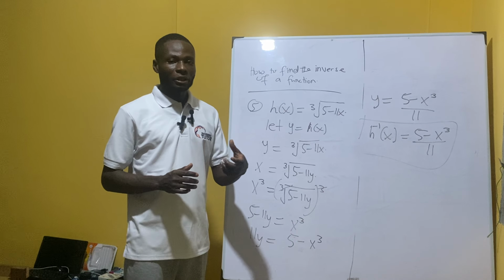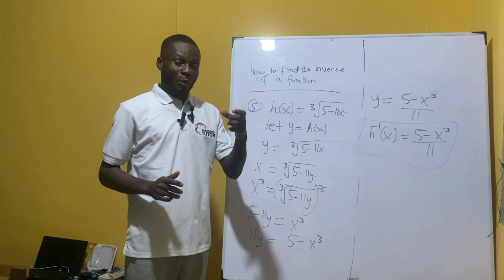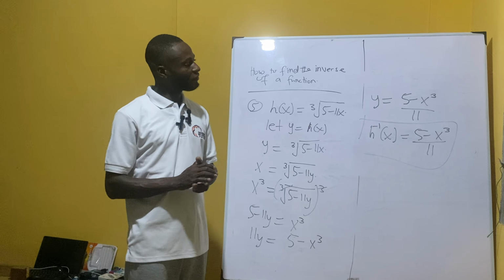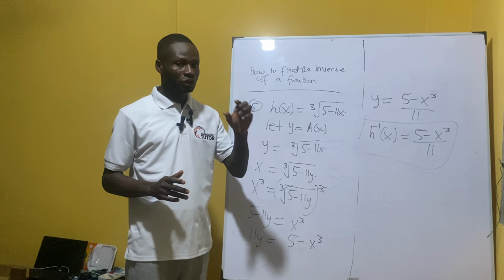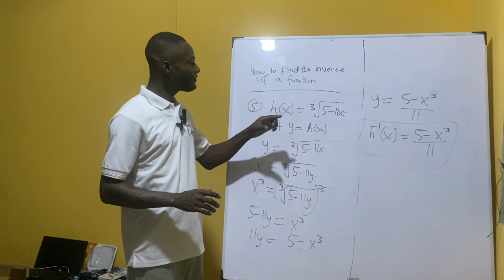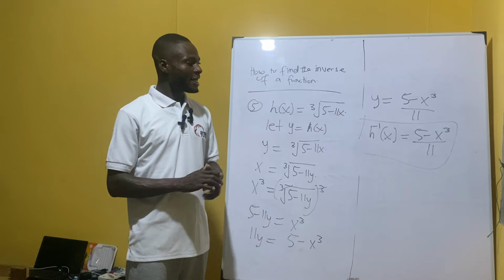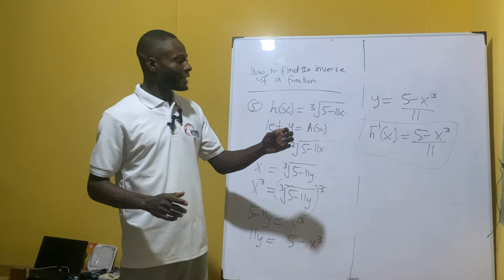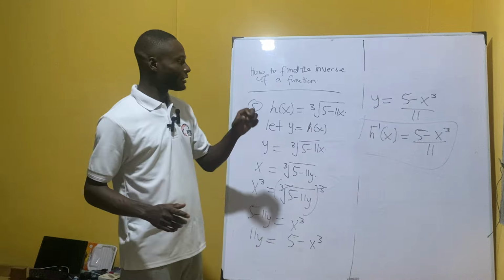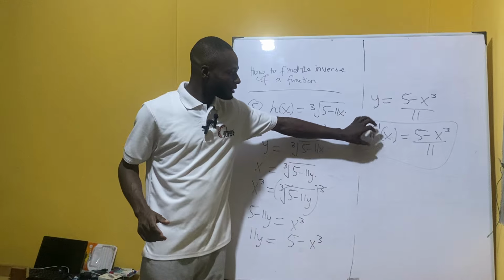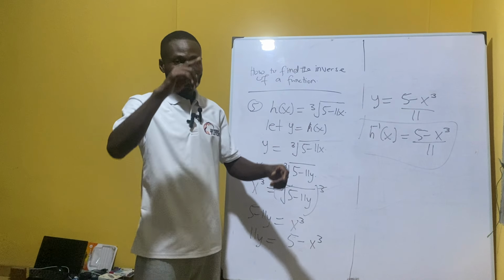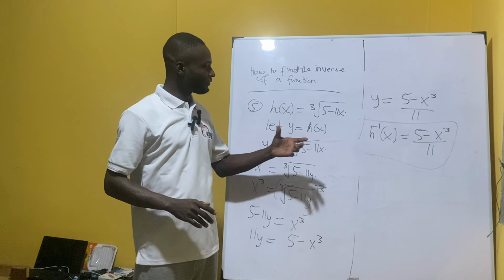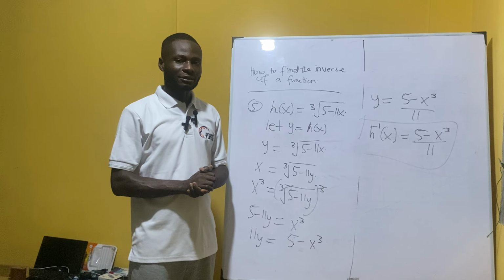Now, after you do that, make sure you make y the subject. After you make y the subject, the result obtained becomes the inverse of that particular function. Therefore, you can conclude that the result is the inverse of that particular function.